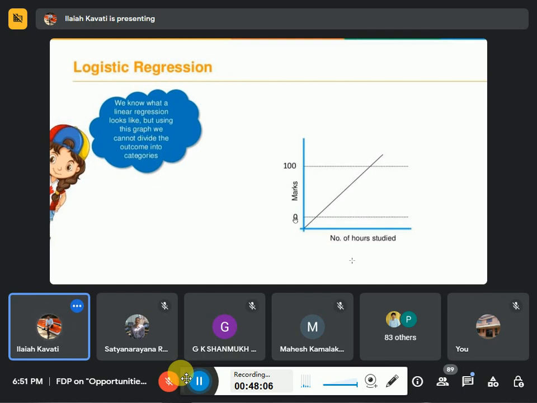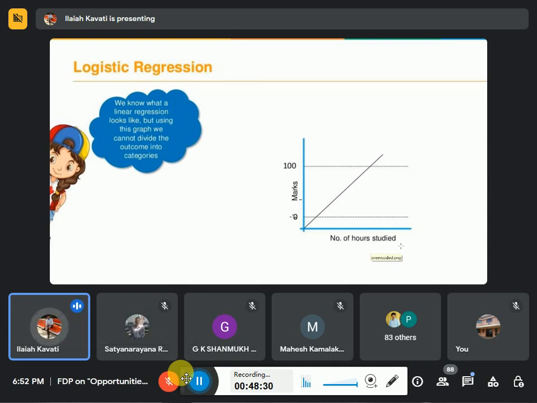Suppose you take this example. As the students spend more hours, on the x-axis you can see here, this is a different example. As the number of hours studied increases, if a student spends more hours reading or practicing, he will get more marks.